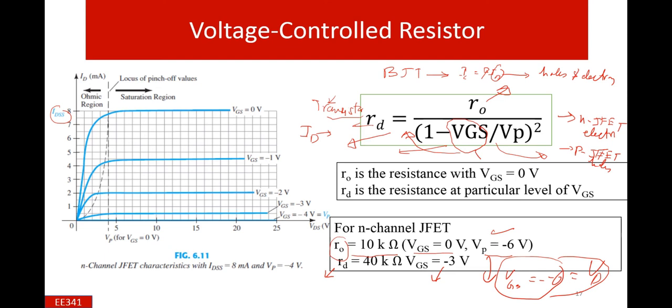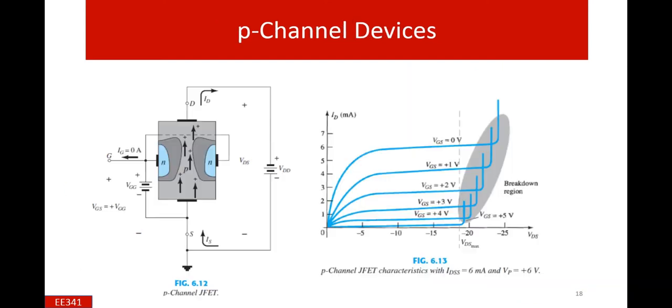This represents the flow of the current, and the channel is the path between the drain and the source. So give a comparison between the N-channel and the P-channel.